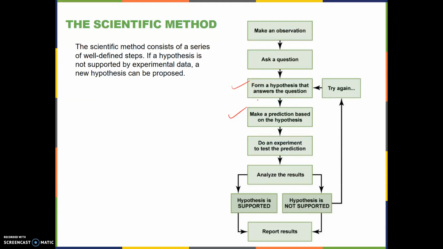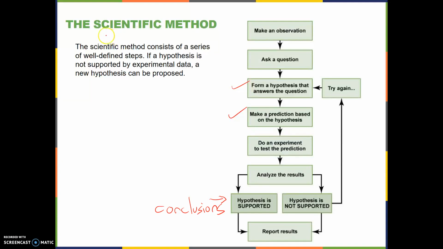When we form hypotheses and make predictions, we are using deductive reasoning. And then when we draw conclusions, which is here at this step, whether or not the hypothesis is supported or not supported, that is inductive reasoning.